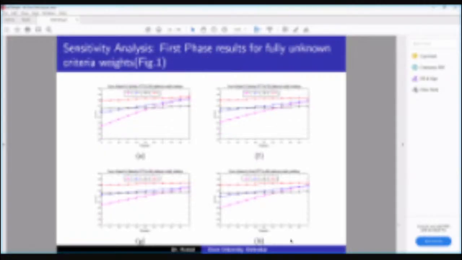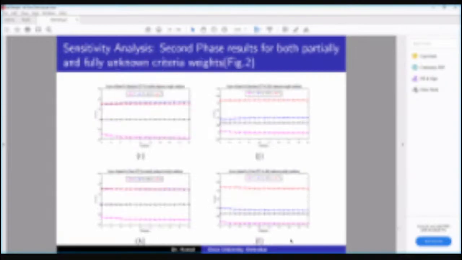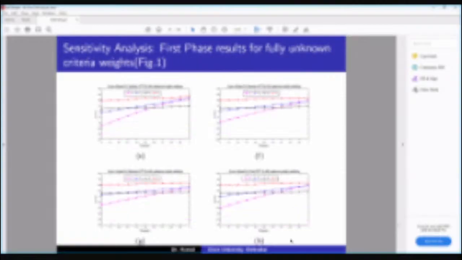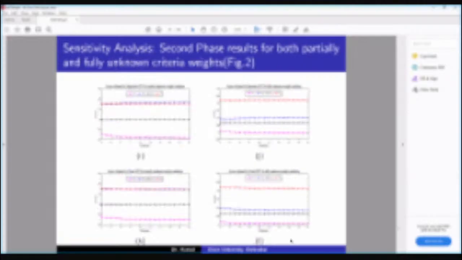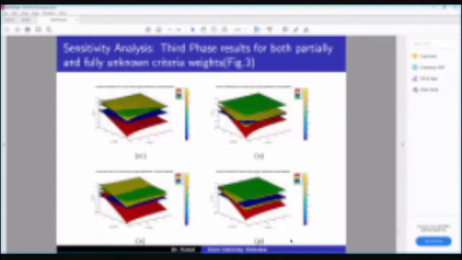Similarly, if we vary gamma and fix alpha, then we have this type of results associated with the Archimedean t-norms. This slide is associated with the fully unknown results, and this one is for partially unknown information. In this slide, we have shown the result when both the parameters are varied, that means alpha as well as gamma.